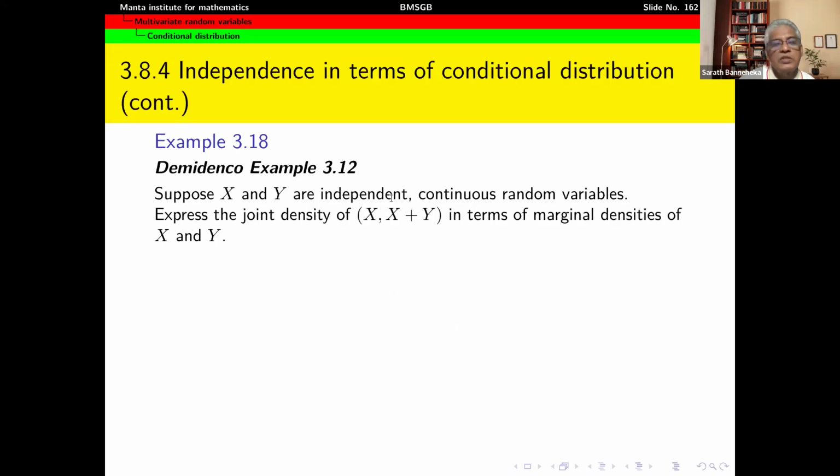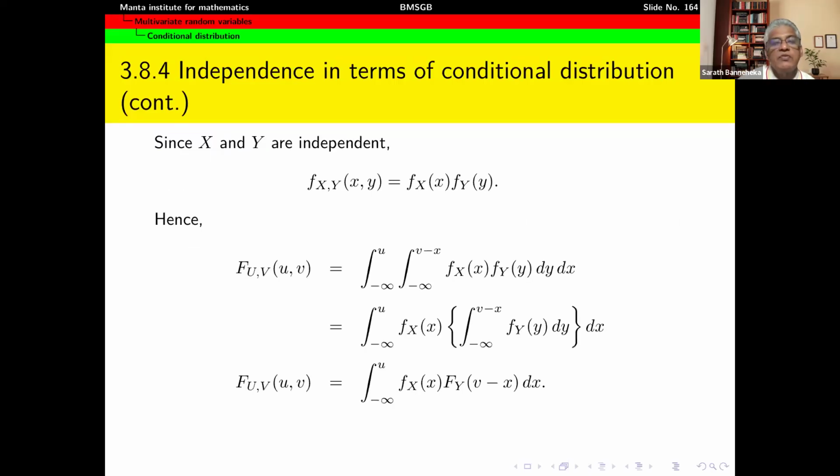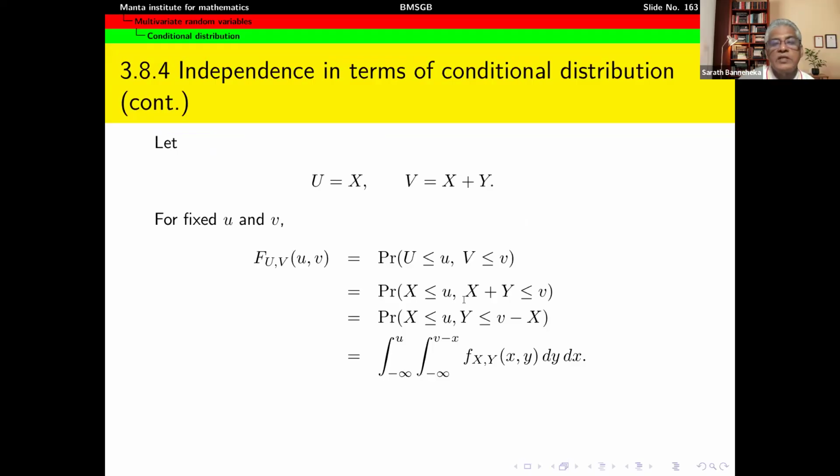Therefore, the joint density function will be equal to the product of individual densities, but we will use that fact a little later. We will first consider the joint density function. I have not drawn that one, but we can easily see that what we are looking at here is a certain subset, so that x is less than or equal to some value u, and then y is less than or equal to v minus that simple x value that we are considering.